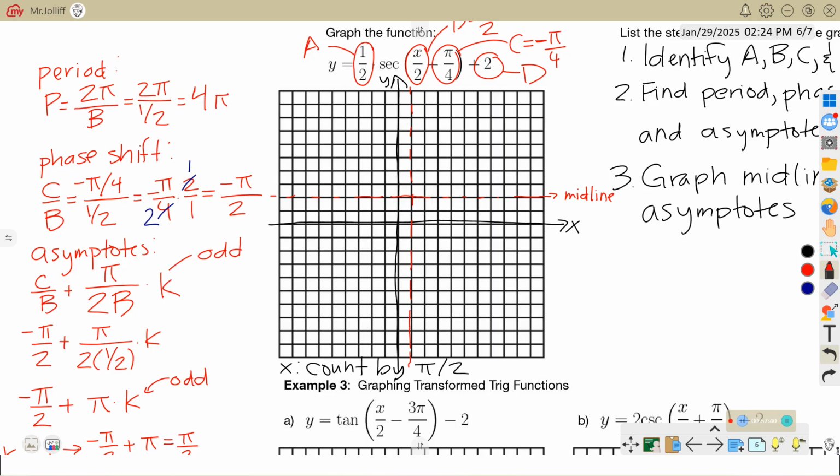So 1 pi over 2, 2 pi, 3 pi, 4 pi, 5 pi over 2. And on my graph, it looks like those asymptotes are 4 boxes apart, which means the rest of my asymptotes should be 4 boxes apart. Every 4 boxes, I'm going to have another asymptote. So I can just start plotting them. Because once I know where the 2 are relative to each other, I know where all the others are. 1, 2, 3, 4. 1, 2, 3, 4.